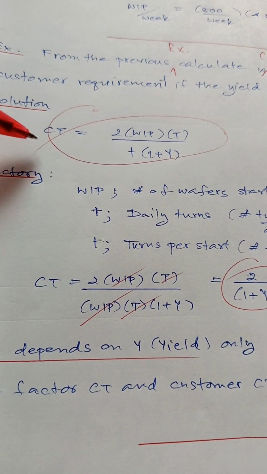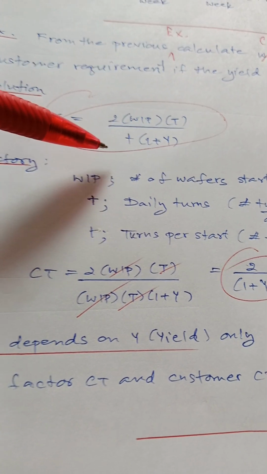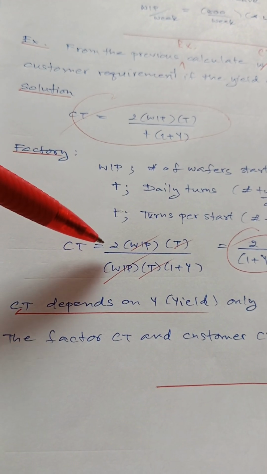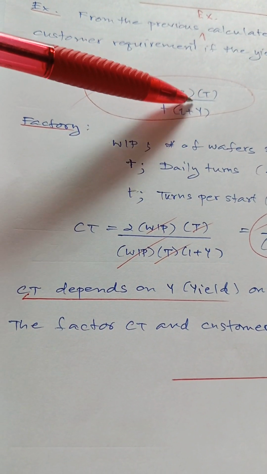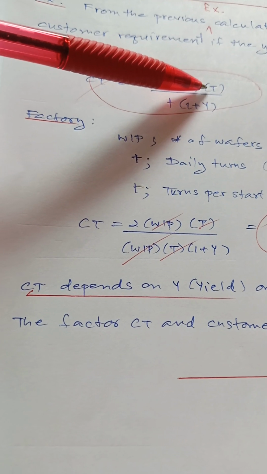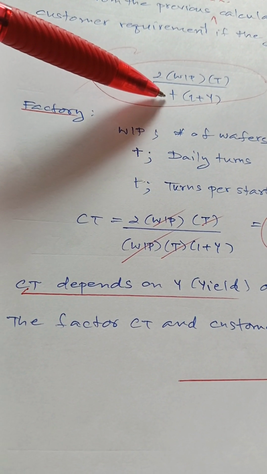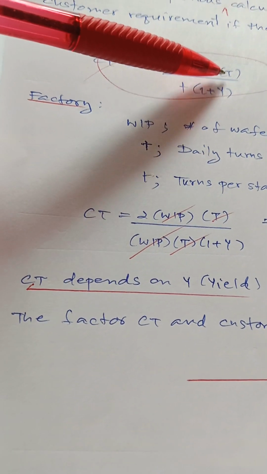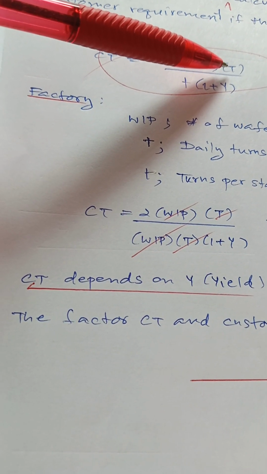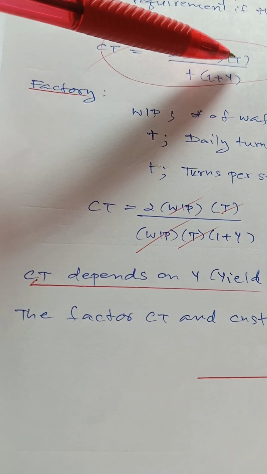Well, for the CT equation, you can consider WIP over T, that's the turns per start. And for the daily turn, you simply multiply the number of wafers by the turns per start, or number of turns per wafer.